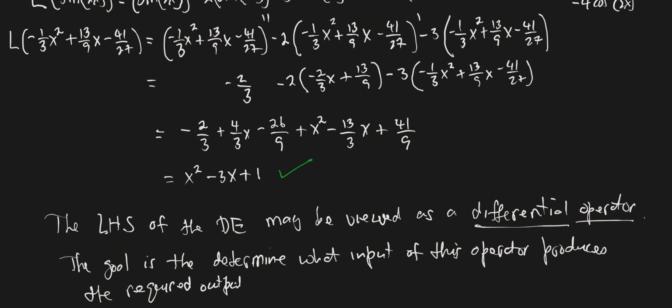And sometimes you might have to use almost like an educated guess and some ingenuity. Other times you might have a specific formula that tells you what the input has to be.